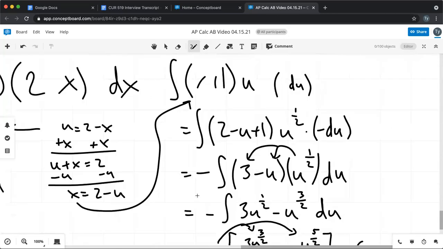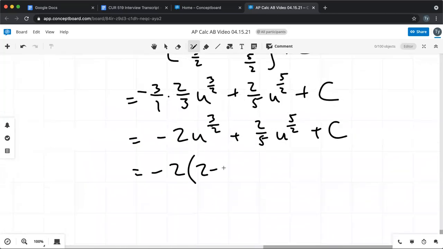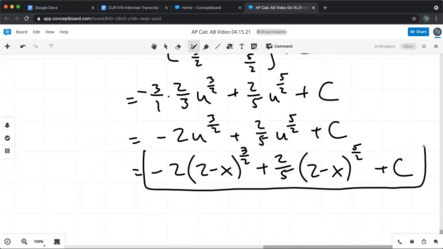So what was our u? It's been a while. U was 2 minus x. And we plug it in again, 2 minus x. And we have our final answer.